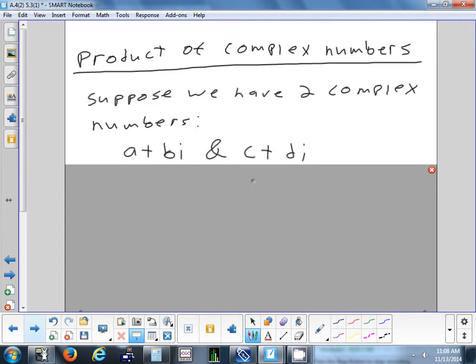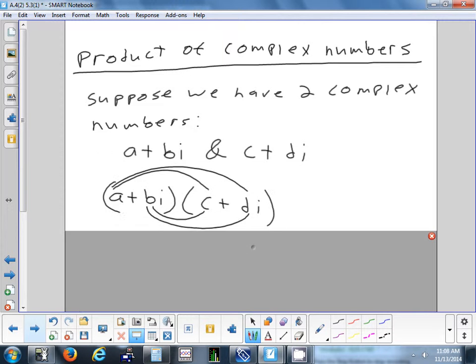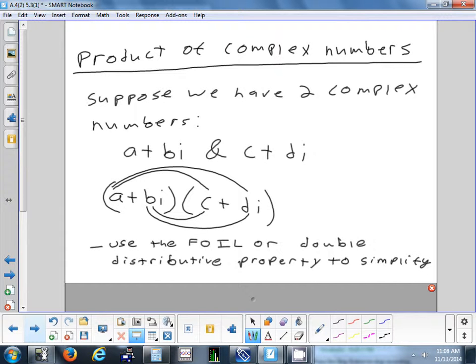To multiply them together, we basically use the double distributive property, or FOIL. You do a times c, a times di, c times bi, and then bi times di. It's this last one that's going to give us an i squared.